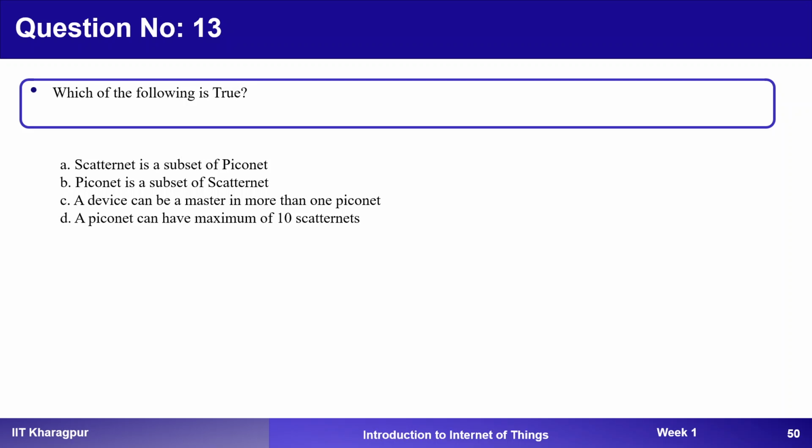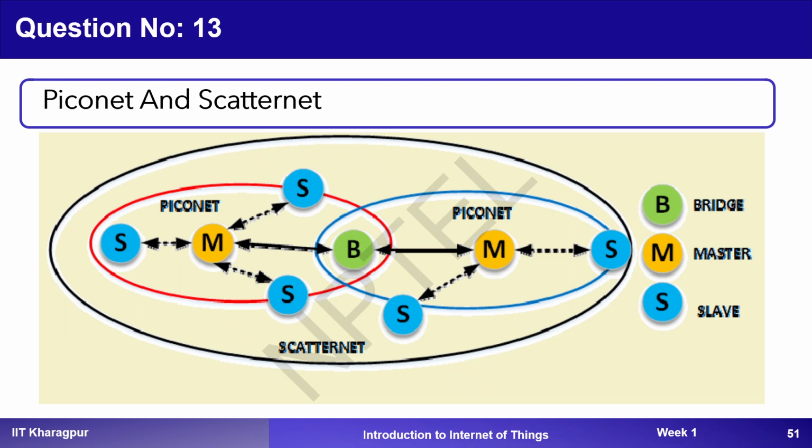Okay, alright. So what is Scatternet? A group of Piconets. Right. So here you can see in the example that Scatternet is the superset of Piconets.